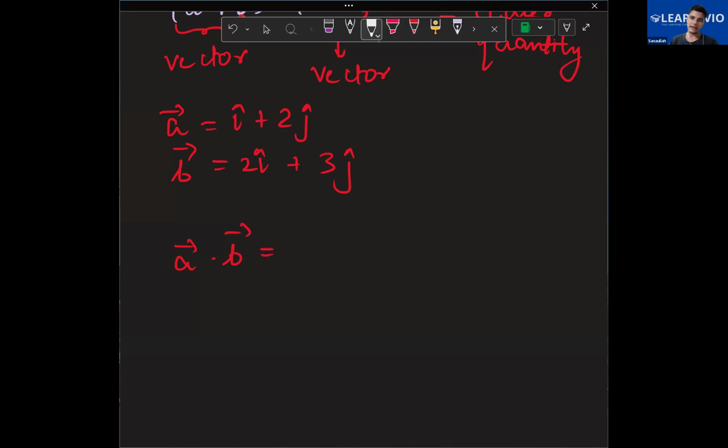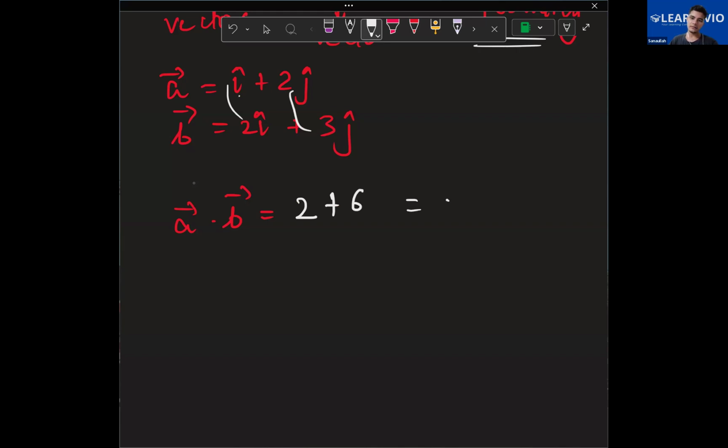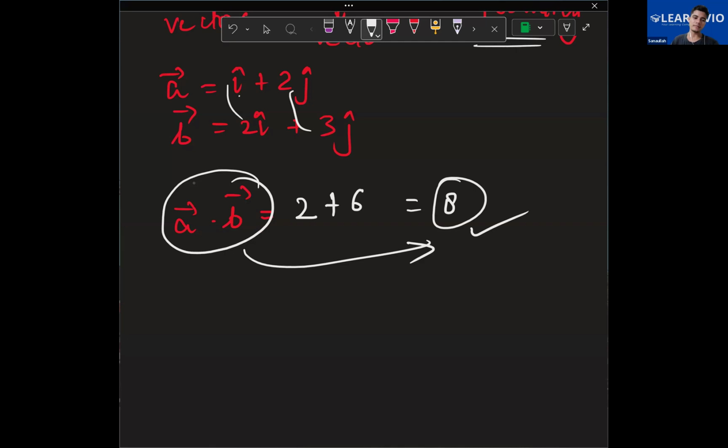Dot product is a scalar quantity. So just multiply their coefficients: 1 times 2 is 2, 2 times 3 is 6. This will give you 8. So this is the scalar product of these vectors. I hope this is clear.